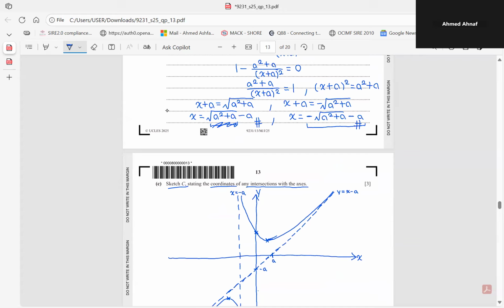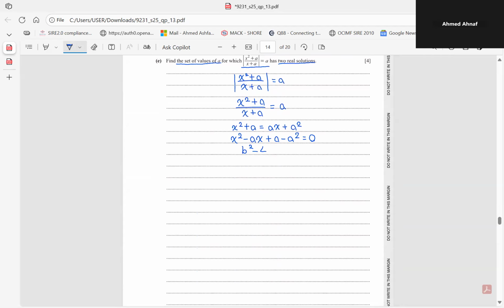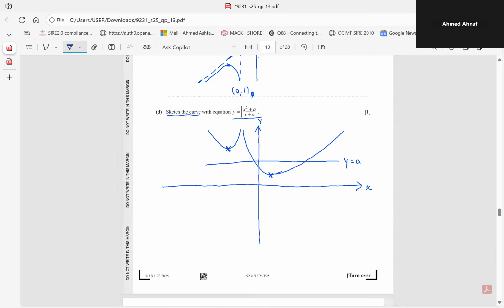All right, so this is x squared minus ax plus a squared minus a equals to 0. Okay, and now let's use our b squared minus 4ac more than 0. Okay, so we're only talking about this one, this positive section in the original curve above the x-axis, okay?